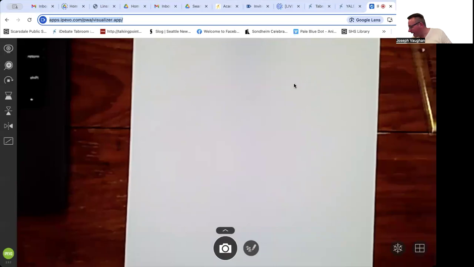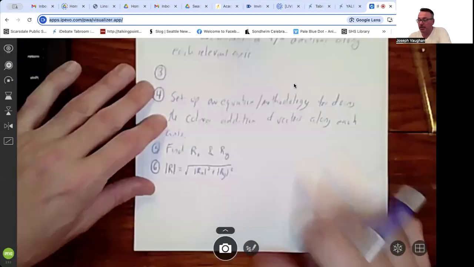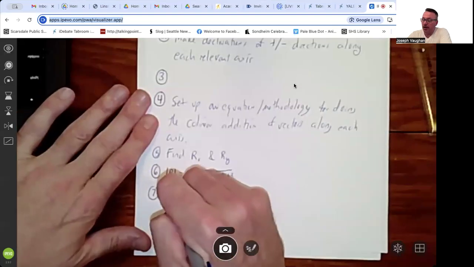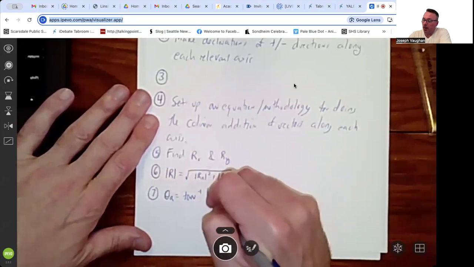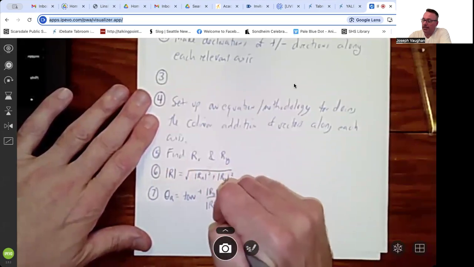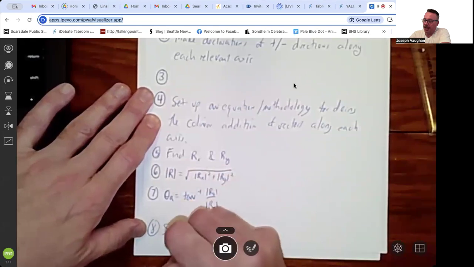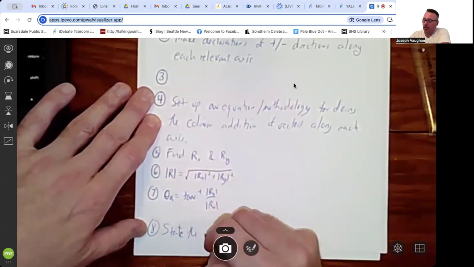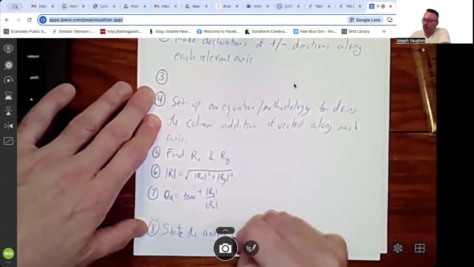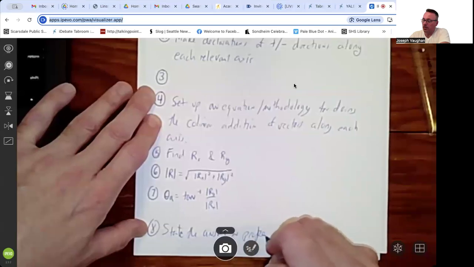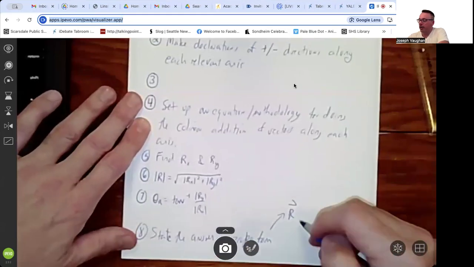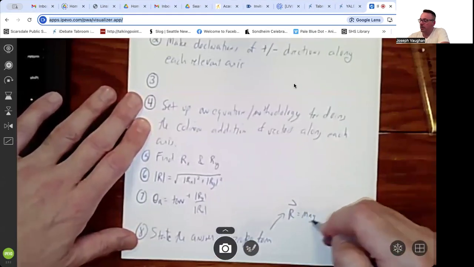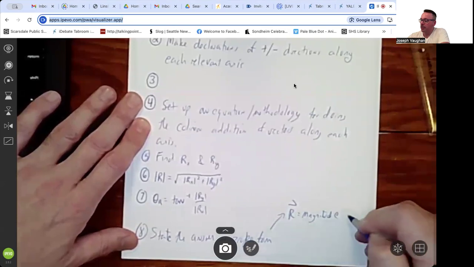We're going to redo that last problem and see what, oh, actually, let me just fill in the steps that we said. So step 7 was to find theta r, which is the arctangent of Ry over Rx. And then step 8 is state the answer in proper form, which is always vector r, or whatever the variable is, magnitude at direction.